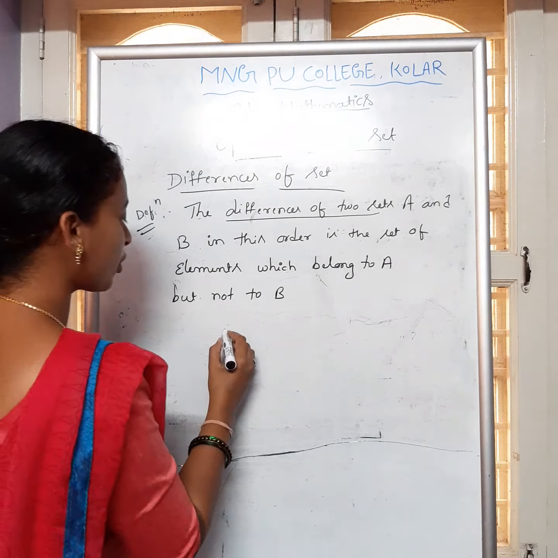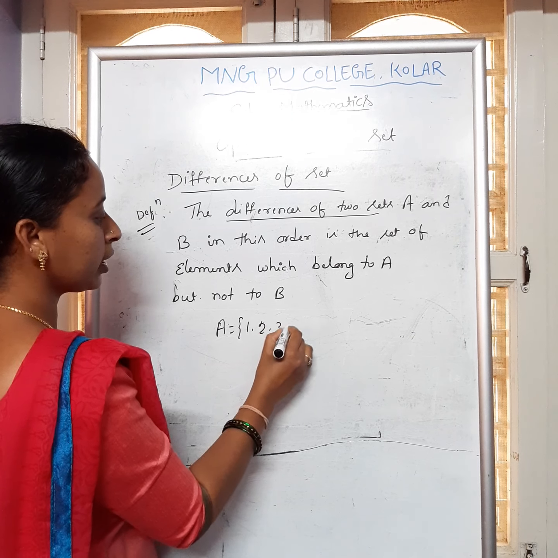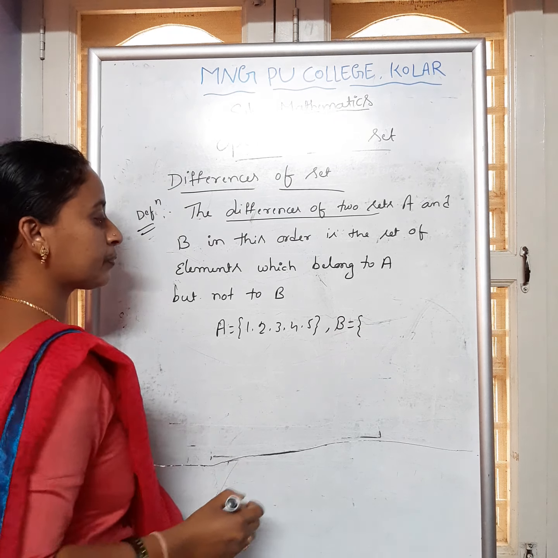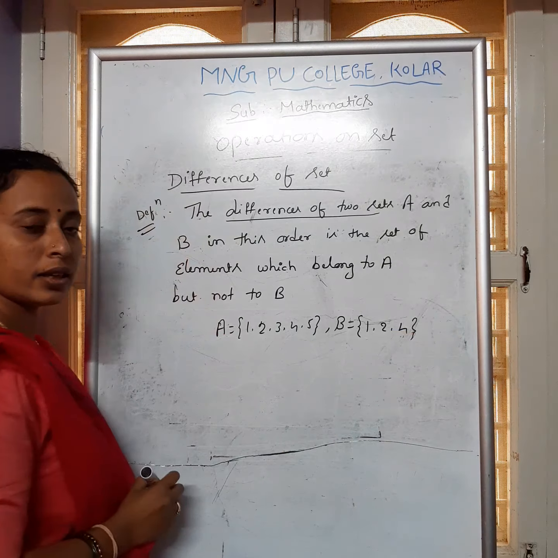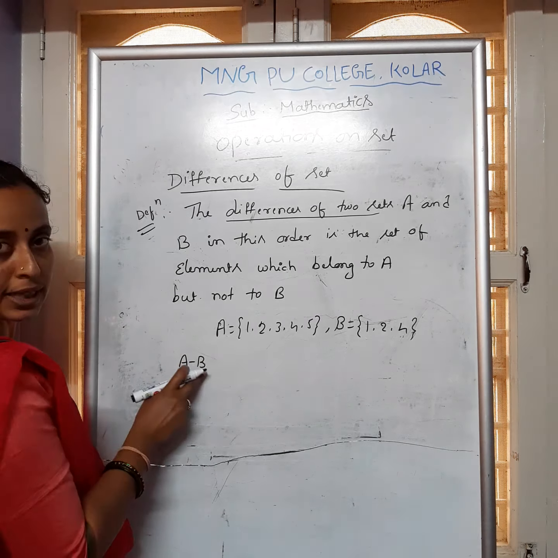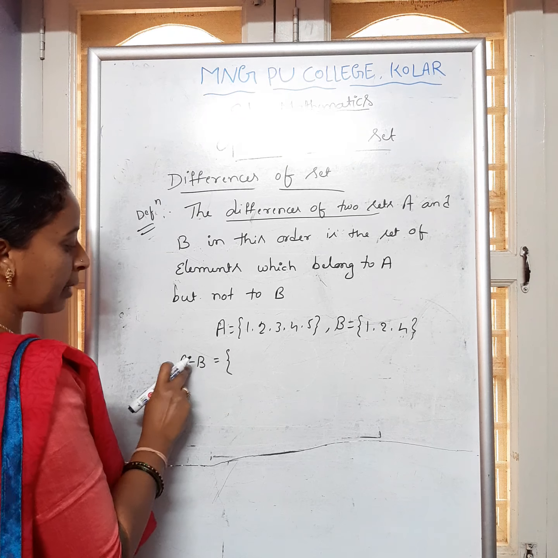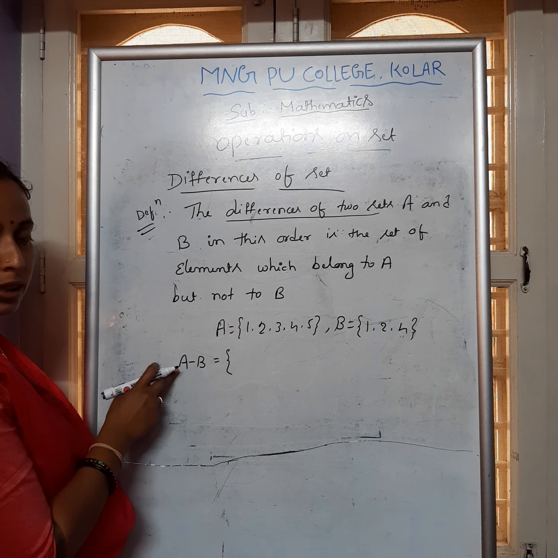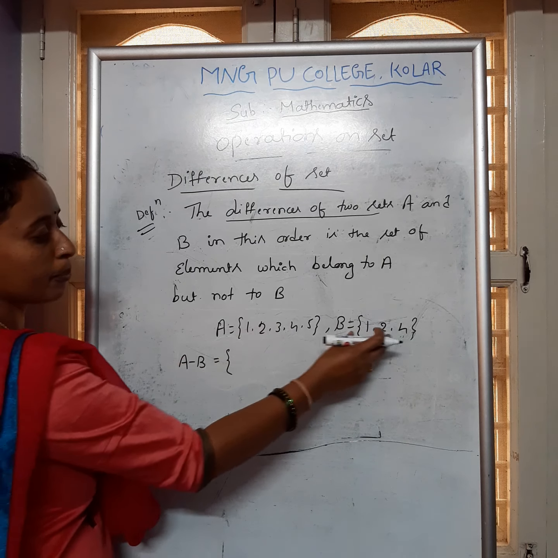For the example, take A = {1, 2, 3, 4, 5} and set B = {1, 2, 4}. Now take the difference of the two sets. We write it like this: A minus B. Now A minus B means, in the set A, we should cancel the B elements.